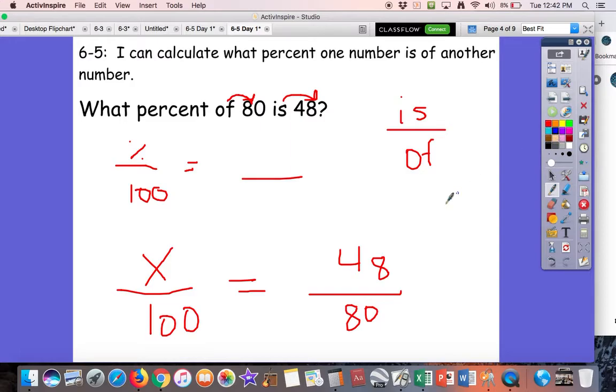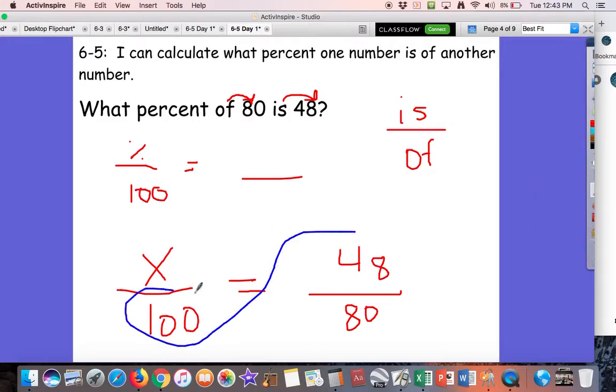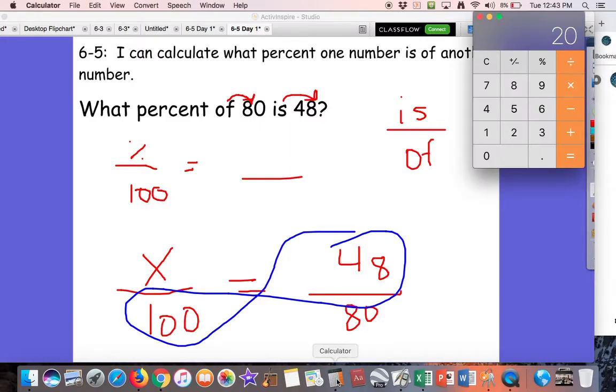Okay, let's do our cross product. Some kids like to call this the butterfly, but let's call it cross product. All right, get our handy dandy calculator. 100 times 48, and then divide by 80. And we get 60.